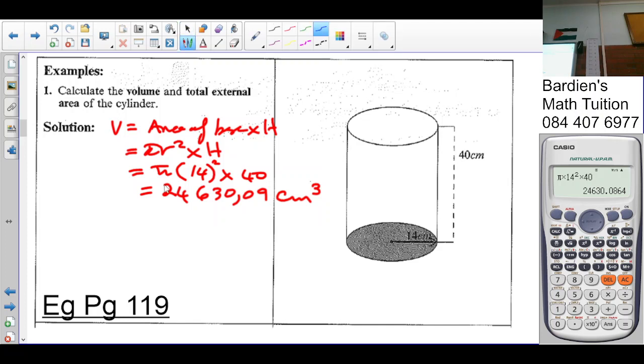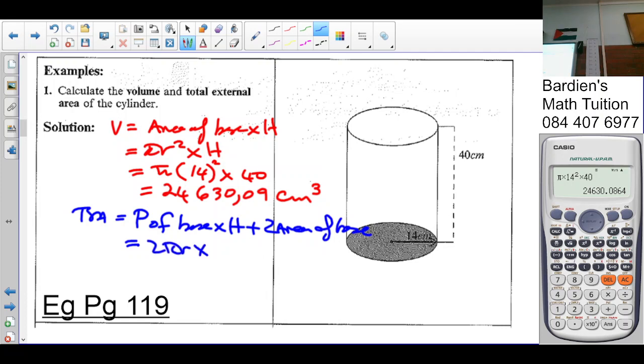Alright, so if you're looking at the total surface area, or the external surface area, which is basically on the outside, it will be perimeter of base times height plus 2 area of base. So the perimeter of the base is the circumference of a circle. Remember the base is a circular base here, which is 2 pi r times the depth of the object, plus 2 times the area of the base, which is pi r squared.